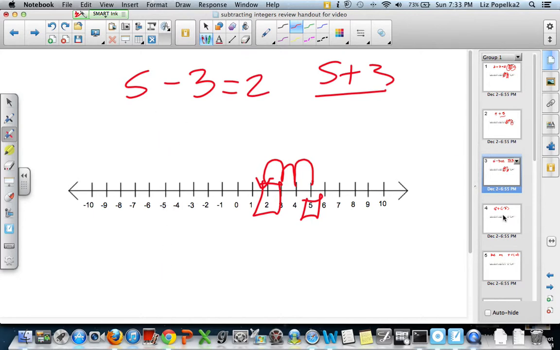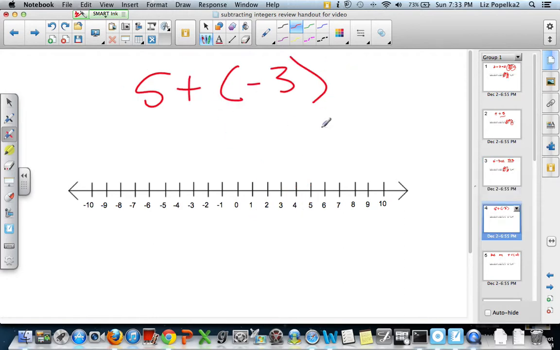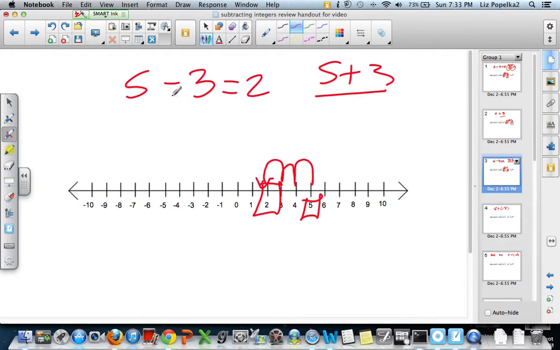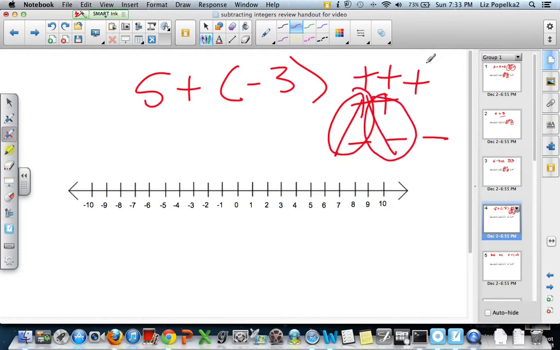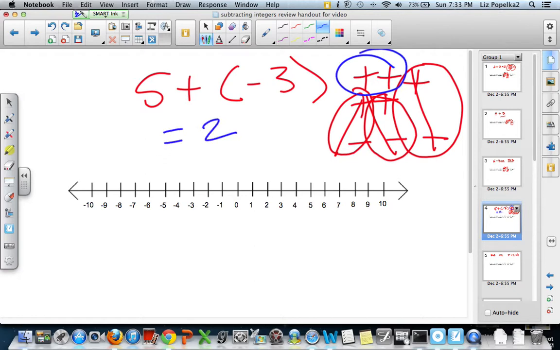But notice that's the same answer that you get if you do 5 plus a negative 3. Before we did 5 minus 3. Now we've done 5 plus a negative 3. If I had 1, 2, 3, 4, 5 positives, and 1, 2, 3 negatives, we recall from the previous video that these two would cancel, these two would cancel, and these two would cancel, leaving you with simply a positive 2 left over.